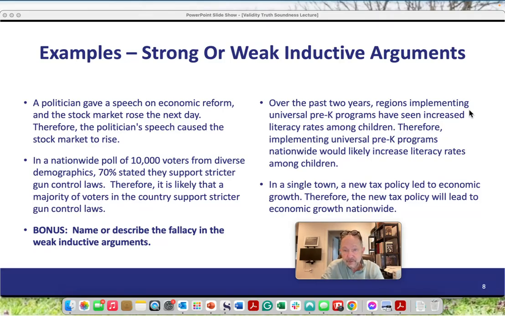Over the past 2 years, regions implementing universal pre-K programs have seen increases in literacy rates among children. Therefore, implementing universal pre-K programs nationwide would likely increase literacy rates among children.